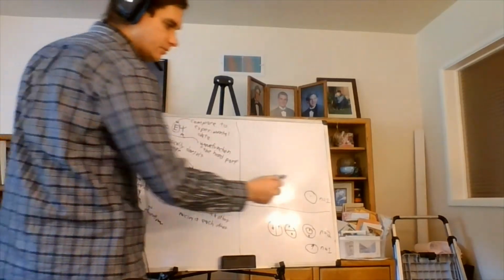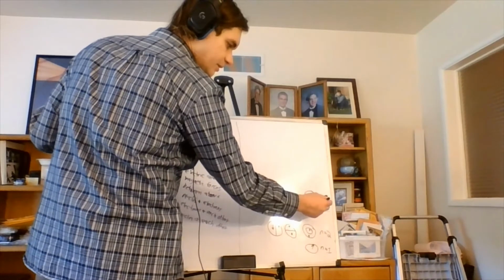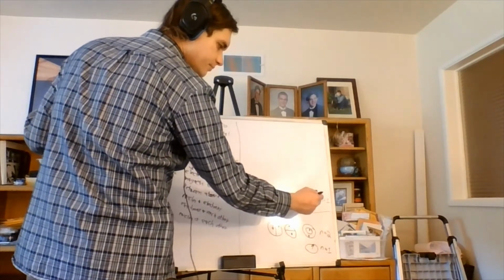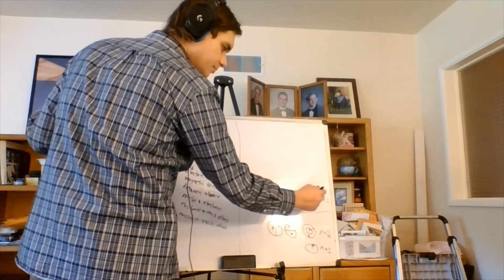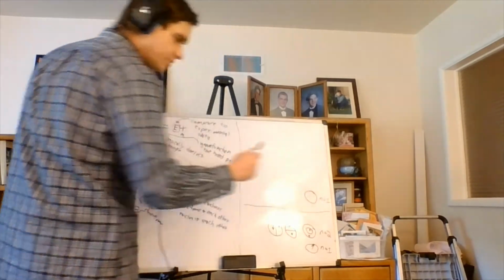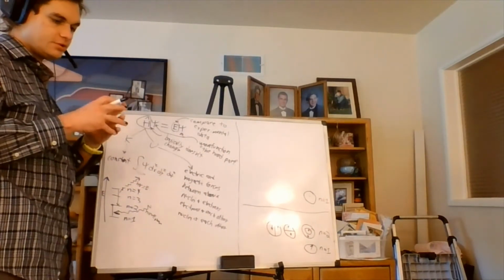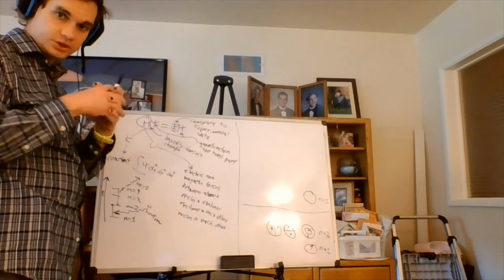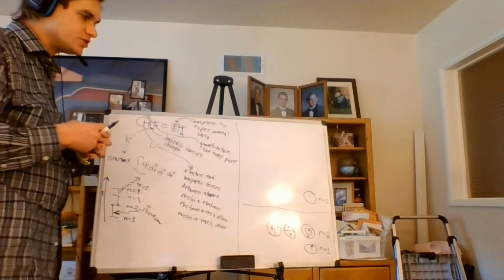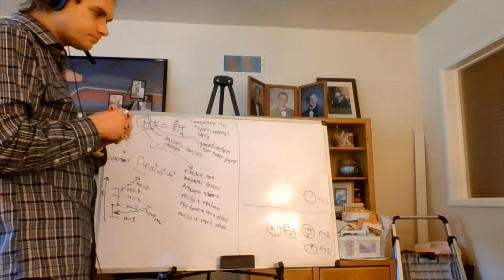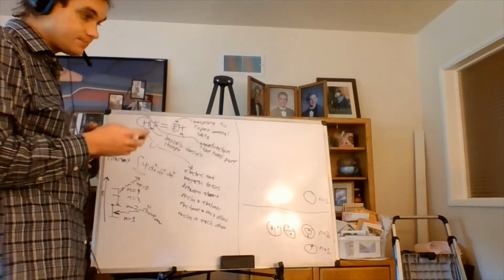Anyway, at the ground state, n equals 1, the ground state for the hydrogen atom, we have a spherical shaped vibration that has no nodes in it.